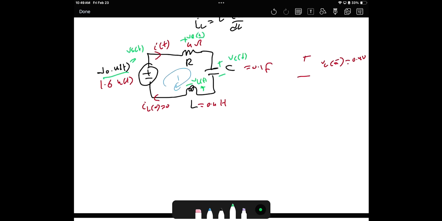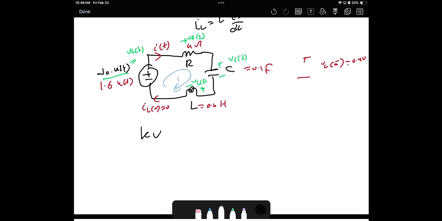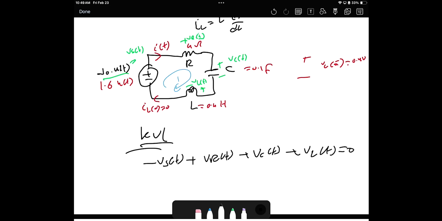So that's our standard. When we do KVL, start from the left bottom corner, then travel clockwise. Negative VS of t plus VR of t plus VC of t plus VL of t equals 0.